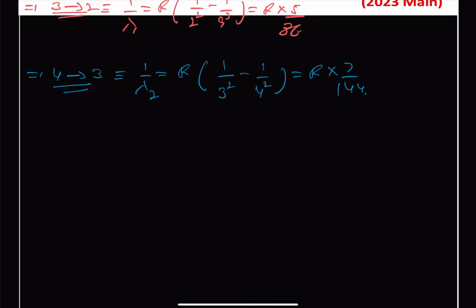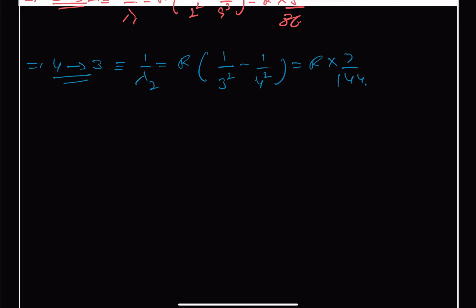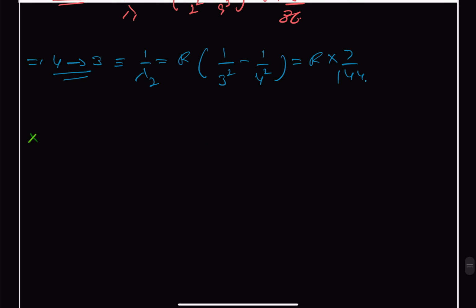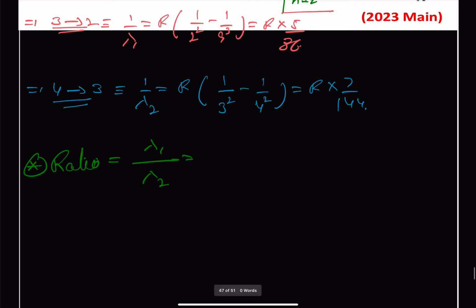Now we have to find the ratio, lambda 1 upon lambda 2. This will be giving us R into 5 upon 36 and R into 7 upon 144.